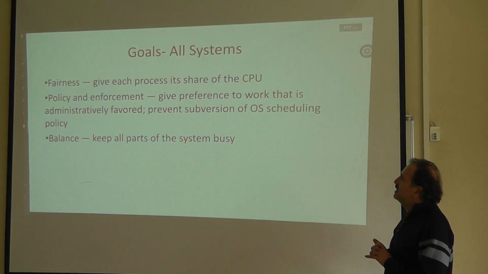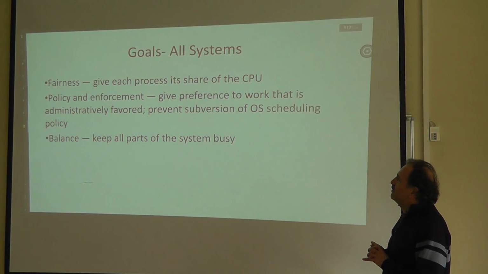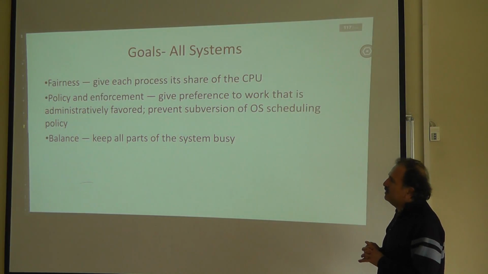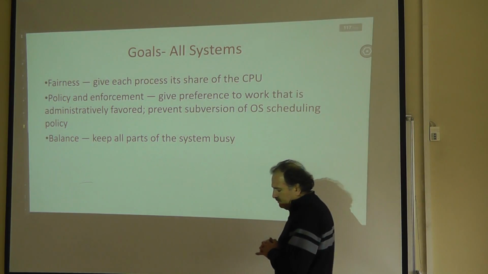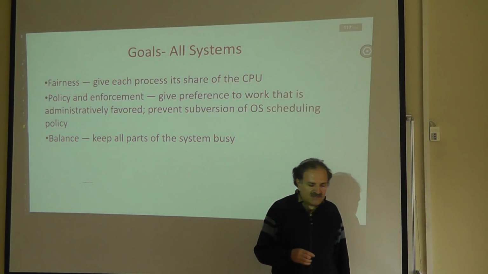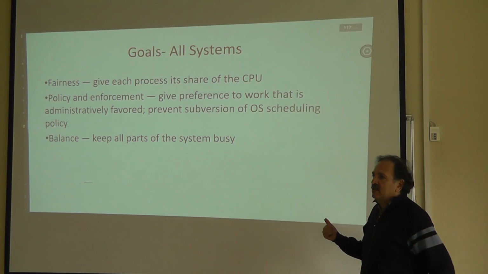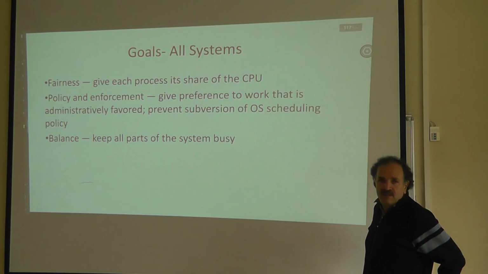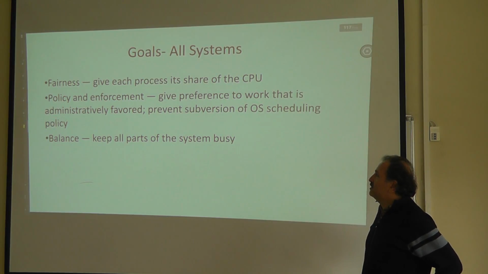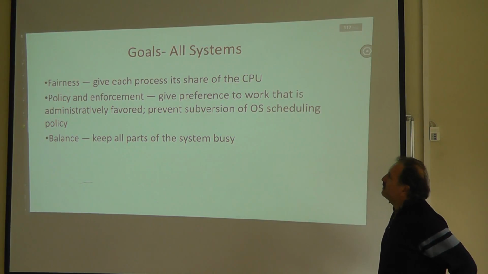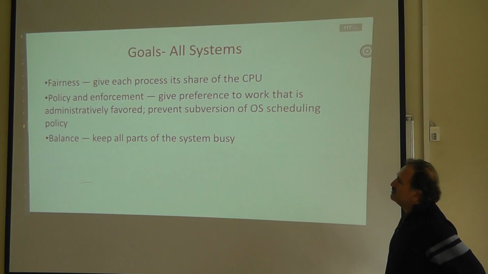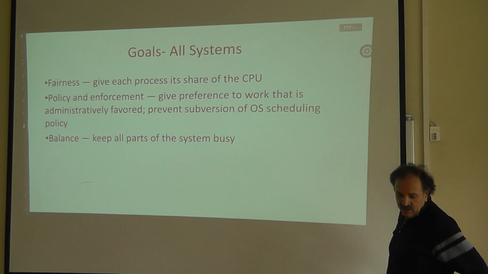Each process should get a fair amount of CPU time. That doesn't mean that each process will get an equal amount of CPU time, because if I do that, then I wouldn't have any priorities. So fairness is something common to all systems.